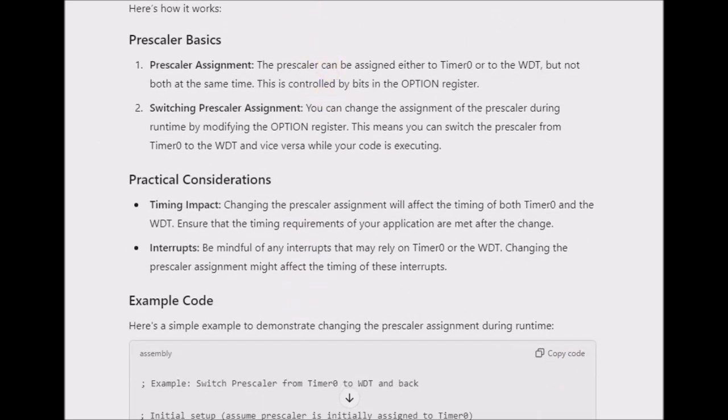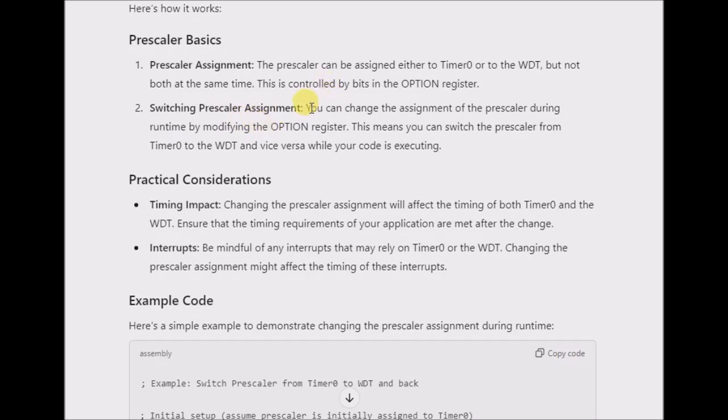Okay, I guess I'll read this. Prescaler basics. Prescaler assignment. The prescaler can be assigned either to timer 0 or to the WDT, but not both at the same time. This is controlled by bits in the option register. Switching prescaler assignment.